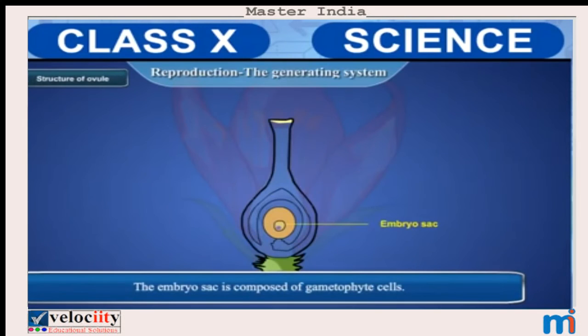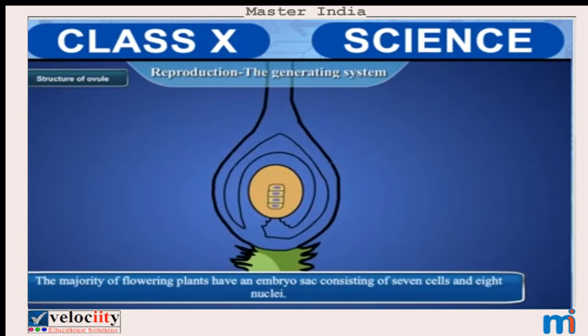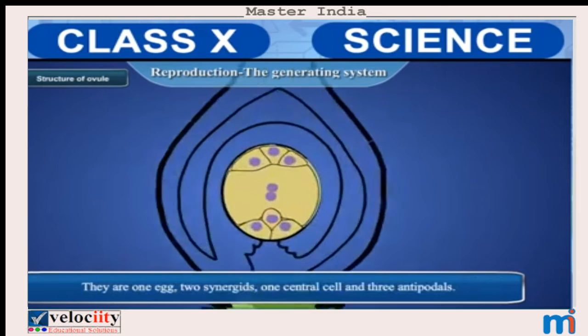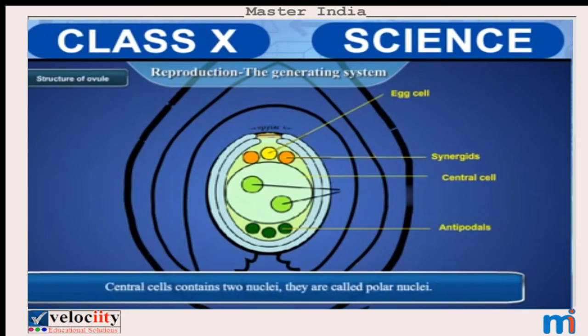The embryo sac is composed of gametophyte cells. The majority of flowering plants have an embryo sac consisting of 7 cells and 8 nuclei. They are 1 egg, 2 synergids, 1 central cell, and 3 antipodals. The central cell contains 2 nuclei, called polar nuclei.